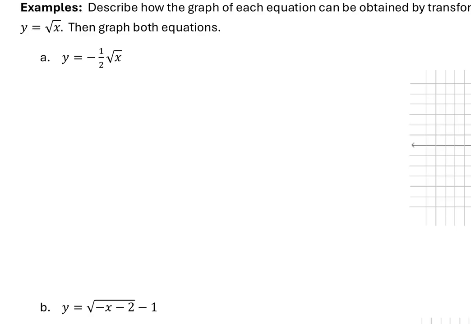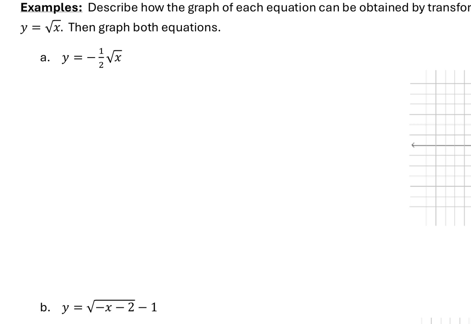The first thing I want to know is, do we have any horizontal shiftings? Our basic function is a square root function. Do we have any addings or subtractings inside? The answer is no. Okay, so now we can go over to our stretching, compressing, and reflecting.